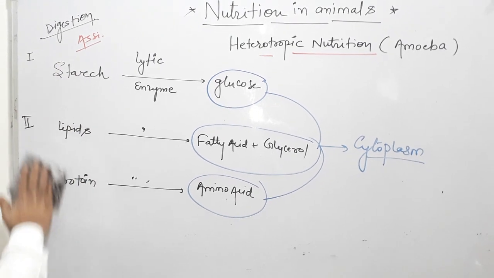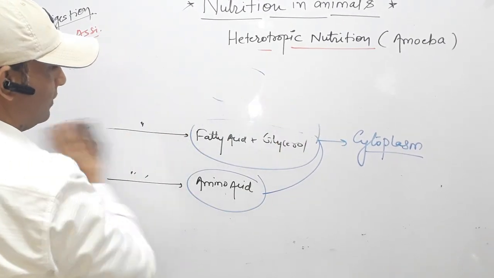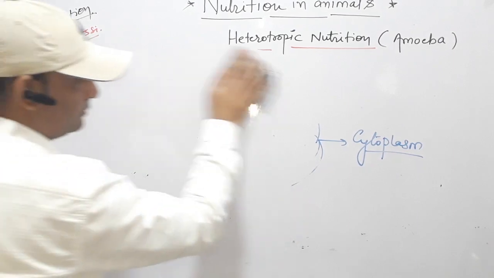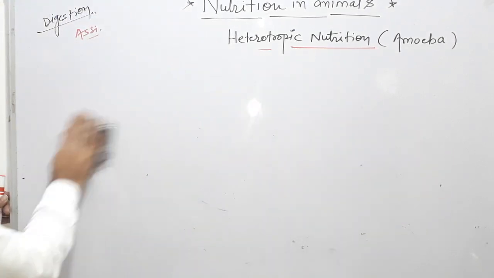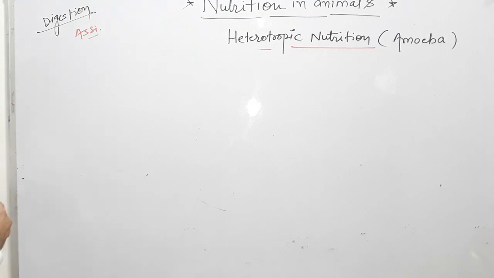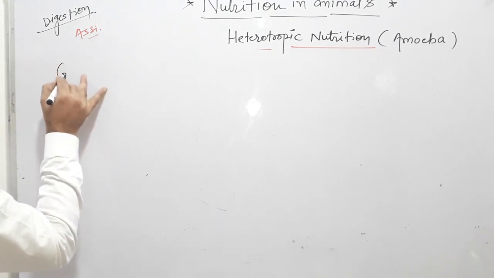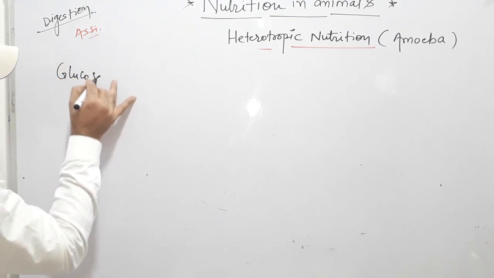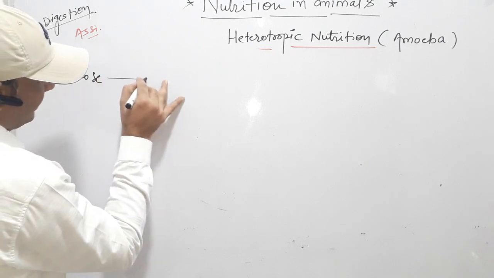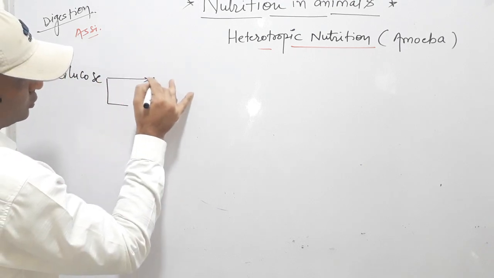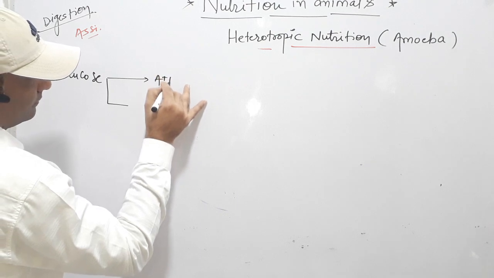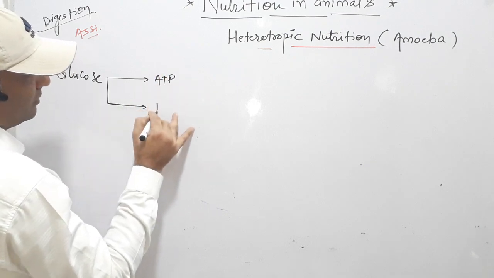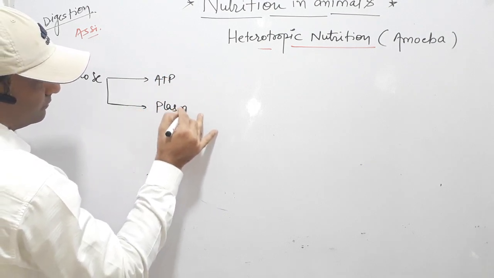Clear? In the assimilation process, the glucose which is present in the cytoplasm is either used for the formation of ATP or used for the formation of plasma membrane.